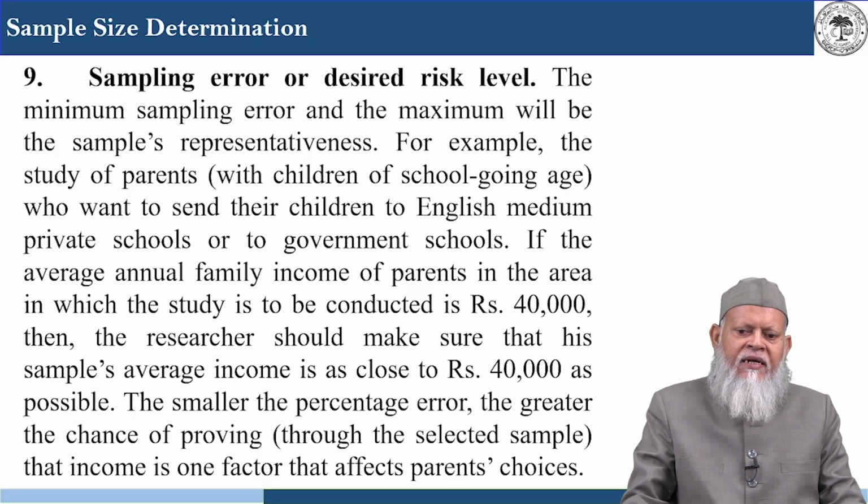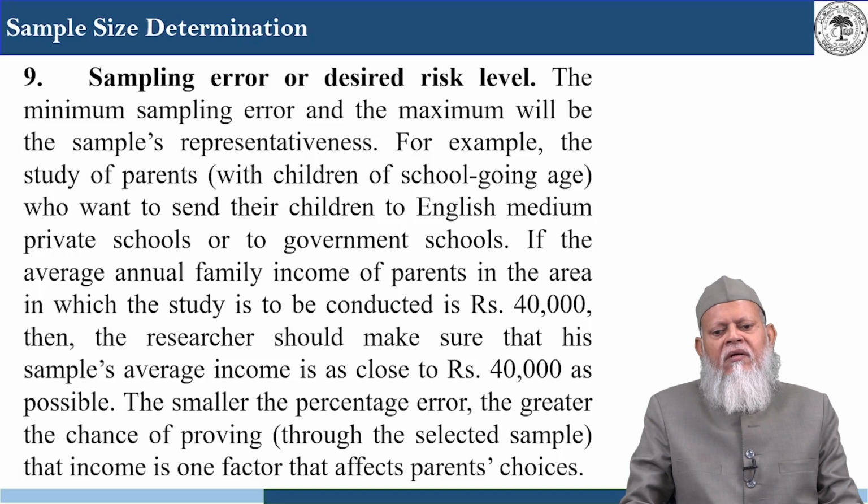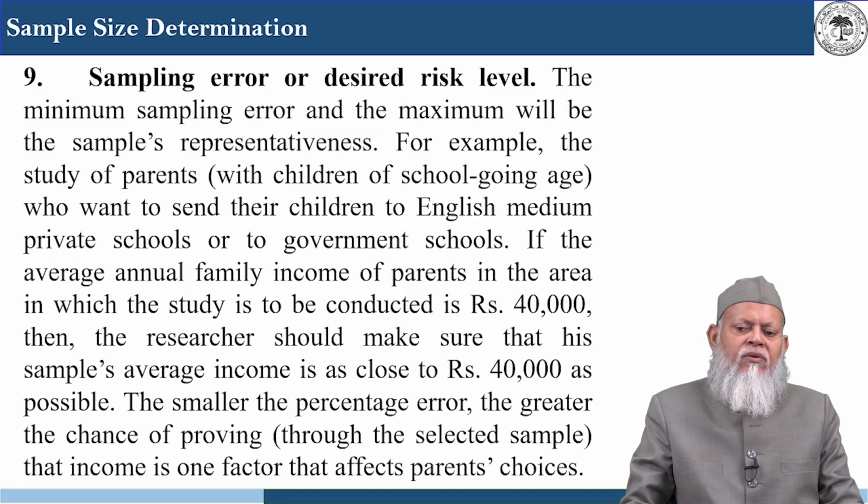So, what we observed here is that the sample mean must be closer to the population mean. This was an example of the parents with income group, but it can be extended for any kind of population.